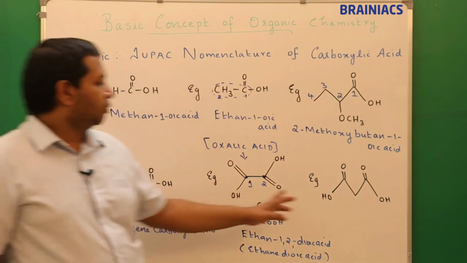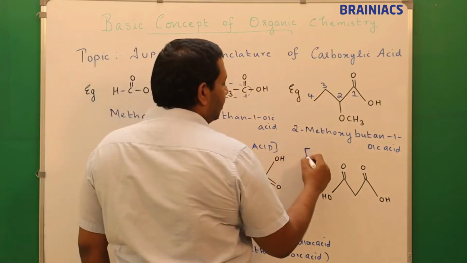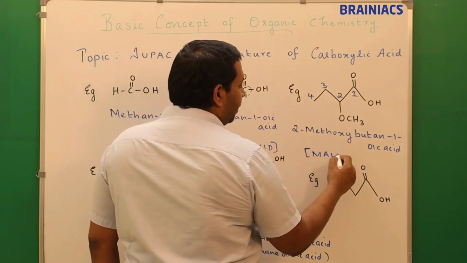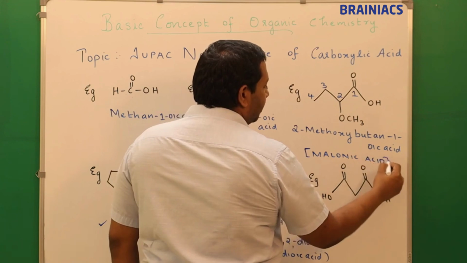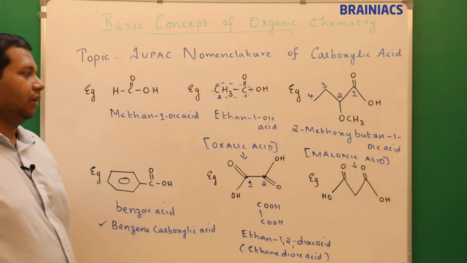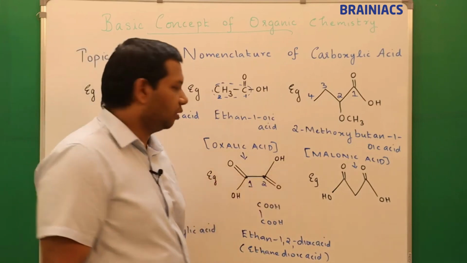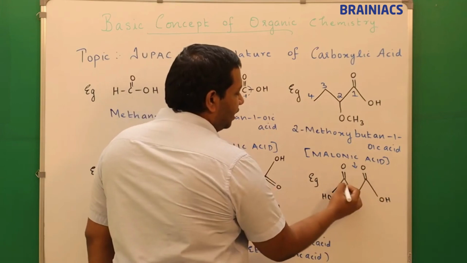Okay, now coming to the third one, and this is also a famous acid. Its common name is malonic acid, M-A-L-O-N-I-C, malonic acid. Please remember, sometimes they will ask. Malonic acid is a common name. So how will you name this compound? Here also COOH, here also COOH, and 3 carbon atoms are there.